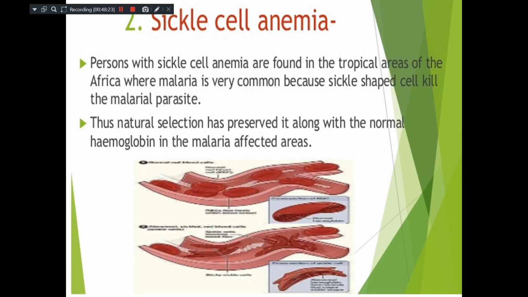But in malaria prone Africa, sickle cell is the best thing because sickle cells will kill the malarial parasites. So that's why it has retained the sickle cell condition along with the normal RBC in the malaria affected area. In the non-affected area, there is no sickle cell anemia.